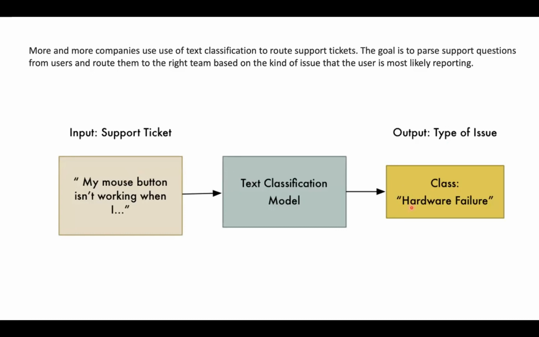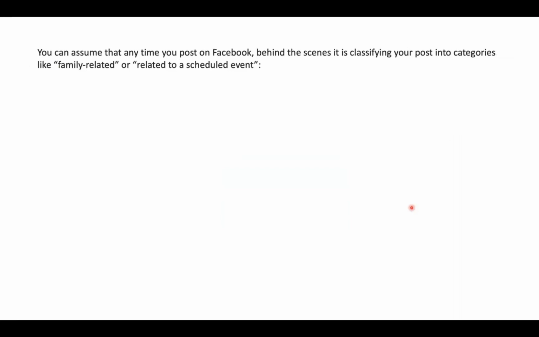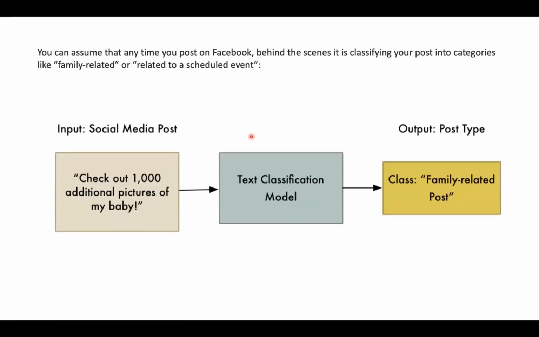Text classification models can also be used to categorize various other things. You can assume that when you post anything on Facebook, it classifies your post into various categories, like whether the post is related to family or to some event, etc. Here, this is a social media post: check out 1,000 additional pictures of my baby.